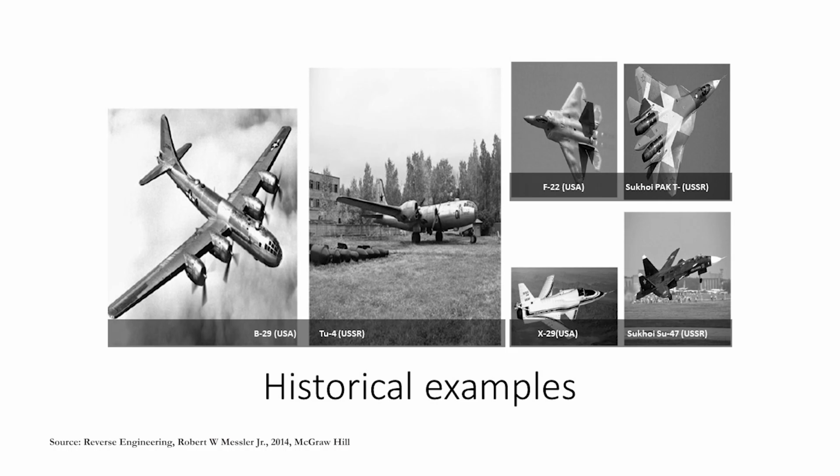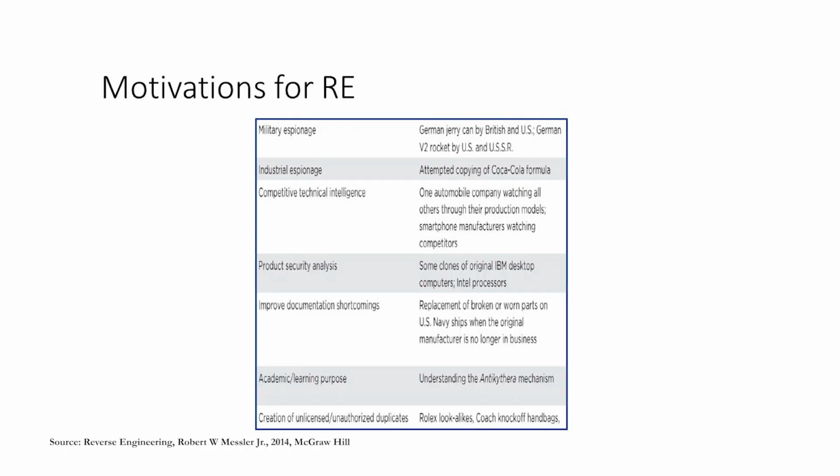All of these fighter aircraft have at some point been reverse engineered by other countries. Reverse engineering has been commonly used for military espionage, and that is a key motivation for reverse engineering.